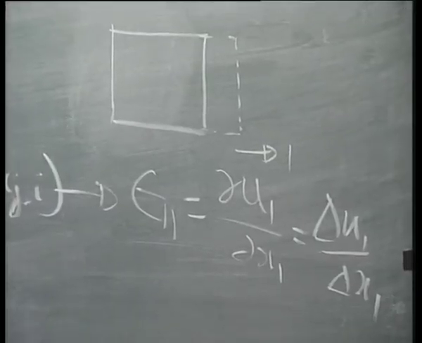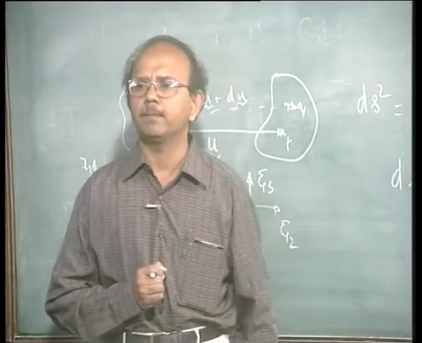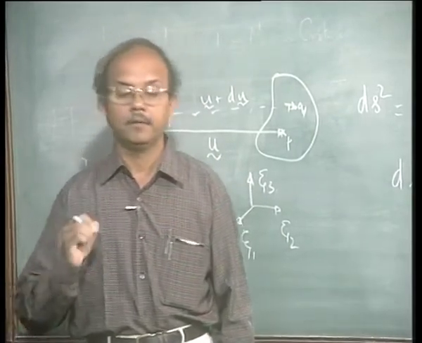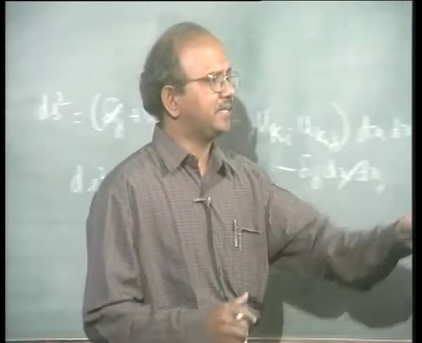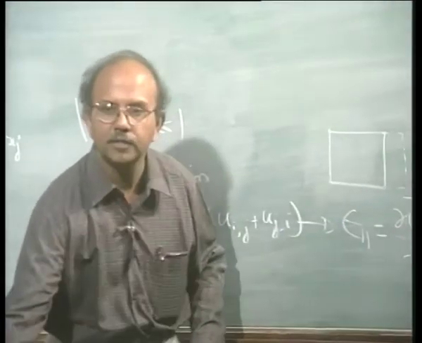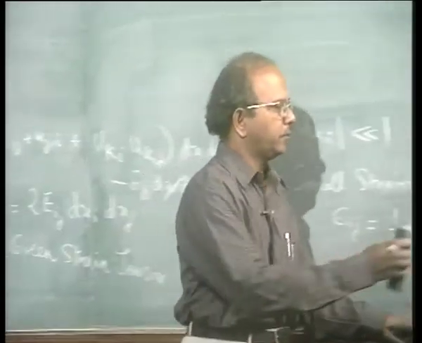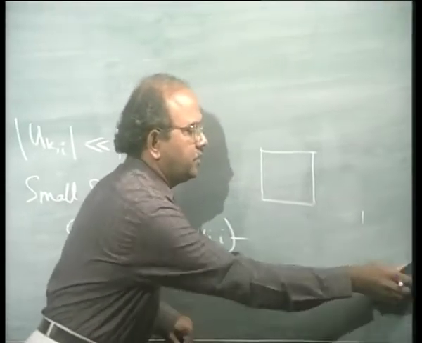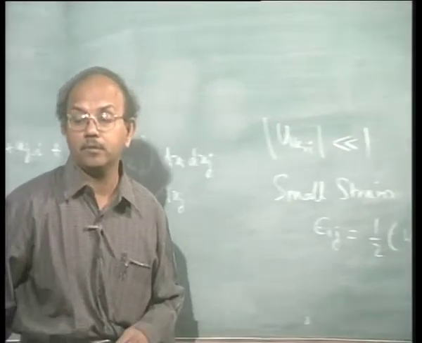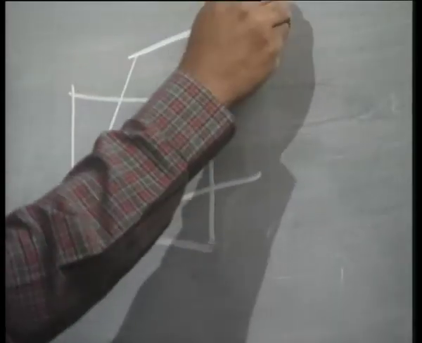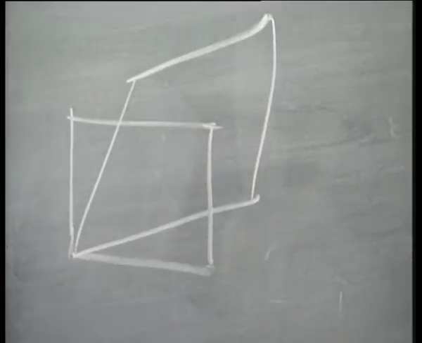You can similarly look at a situation where delta x2 goes up. Let us say that this is delta x1 and this is delta x2, and I am going to give a small problem for you to think about for a minute. Suppose there is shear strain, I want you to remember what is shear strain, and suppose the body becomes like this.